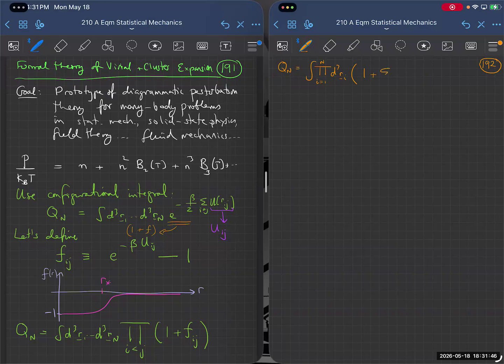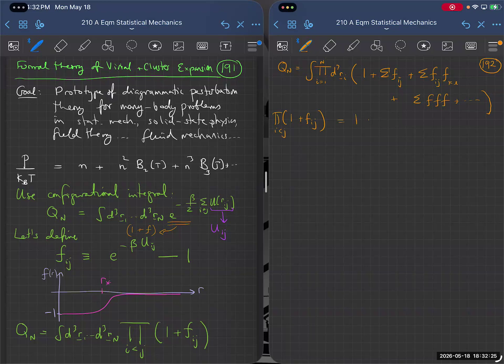There's going to be a term of f_ij, then a term which is f_ij f_kl, then a term with three of them, and so on and so forth. So there's a huge number of terms, all coming from just multiplying 1 plus f_ij, the product over i less than j.